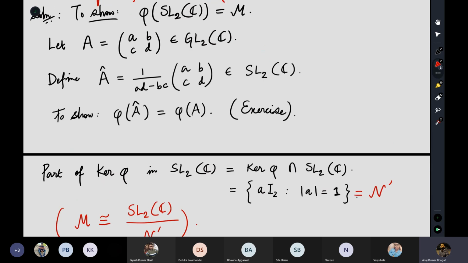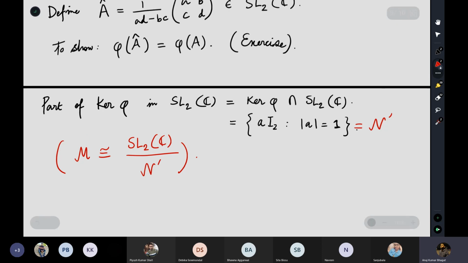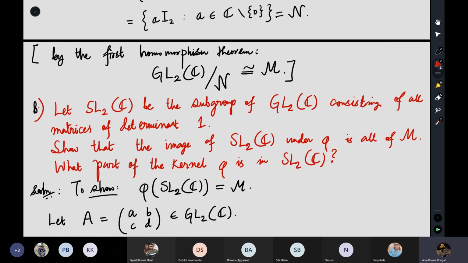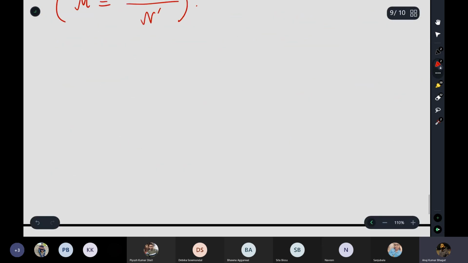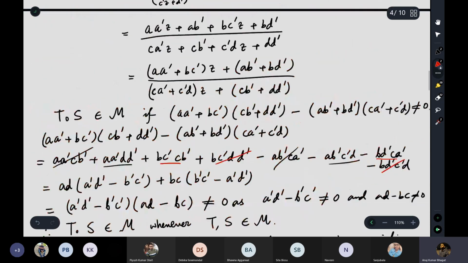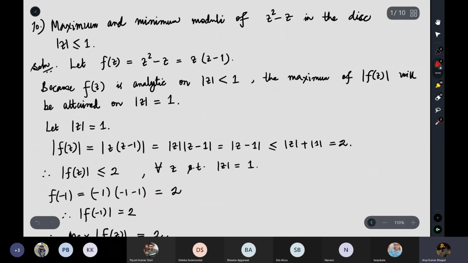So keep this in mind. Why is this important at times? If you want to study the algebraic property of M, you can study the algebraic property of GL2C quotiented by a normal subgroup. So that's all for today. Maybe in the next tutorial, if sir uploads some problem sheet, I'll discuss that with you all.